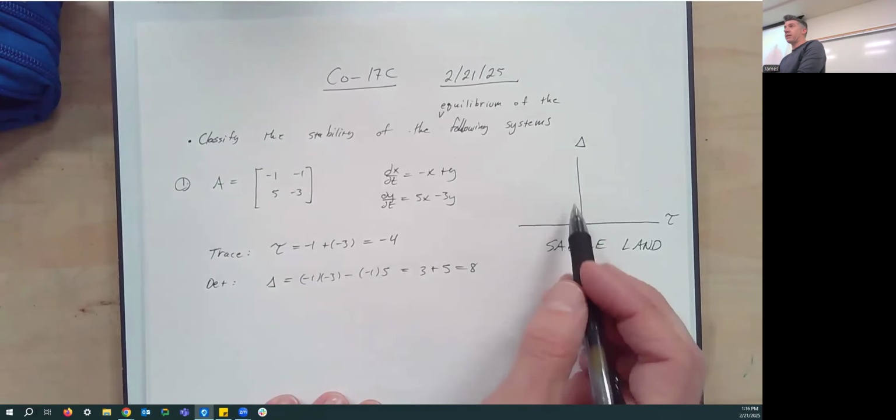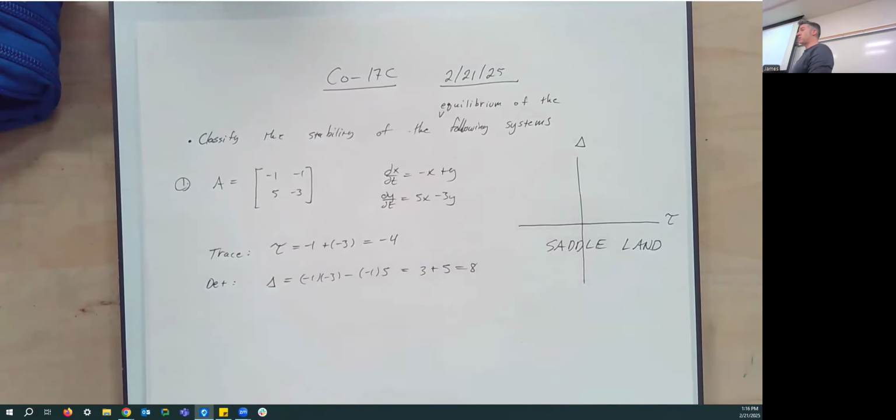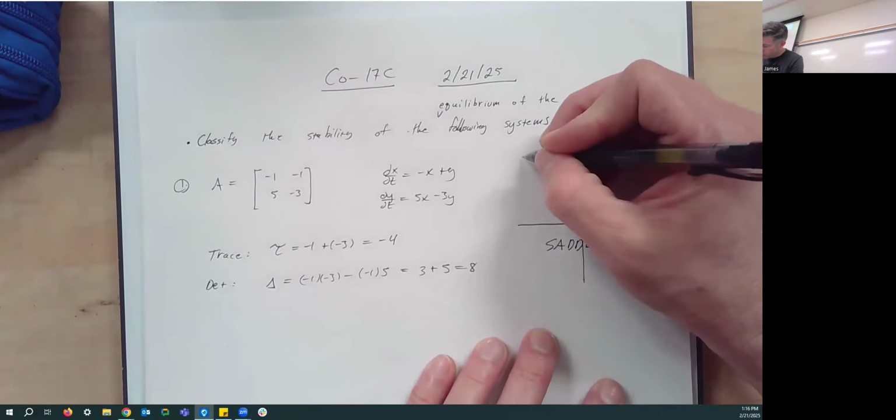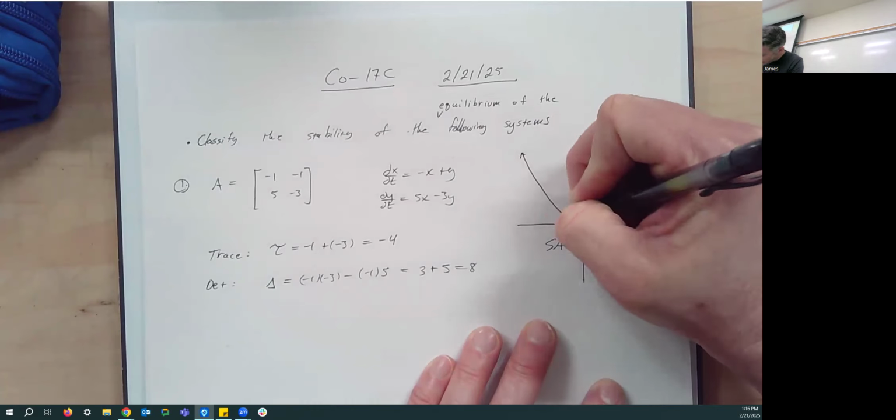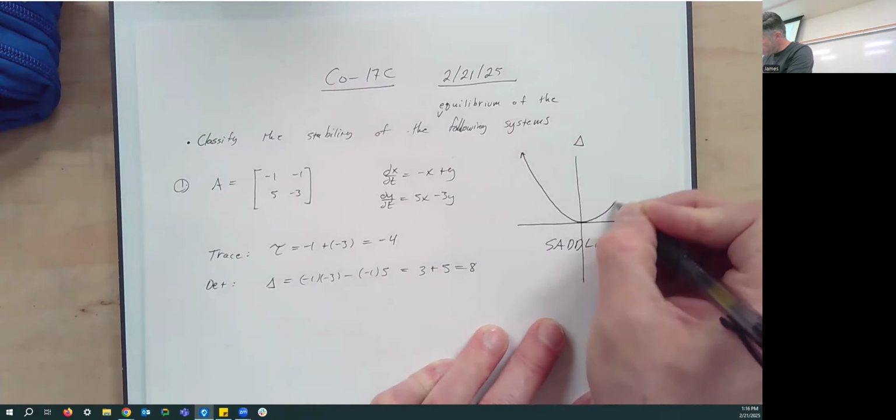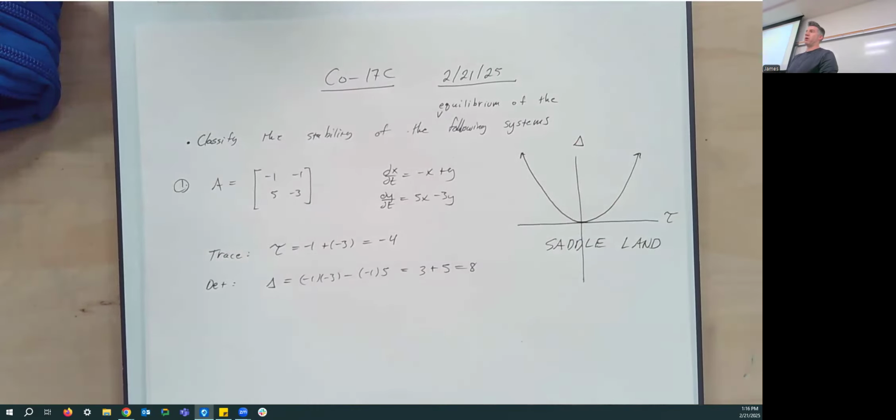Up here above the x-axis, you have either spirals or nodes. And the cutoff is this parabola. I never remember the equation of this parabola. It's silly, but I should know it. But really, what I'm thinking about that parabola is it's the defining line between having imaginary versus real eigenvalues. So I know it's where the inside part of the square root is either positive or negative.